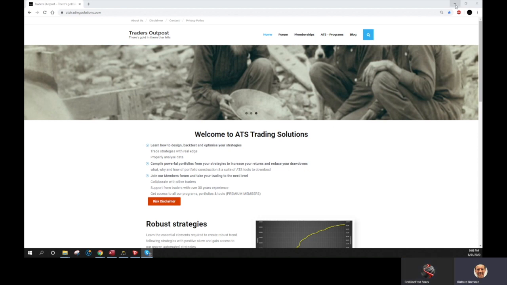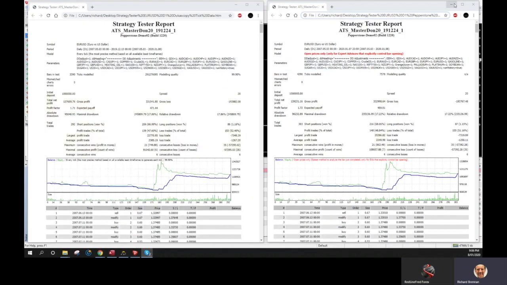So, look, what I thought we'd do is start with a comparison of our test results on one of our standard strategies. In the last couple of podcasts, we've gone through the technical details of how we are designing and developing these strategies and the techniques, but this is an example of one of our strategies, the Euro USD, which is traded on the daily time frame.